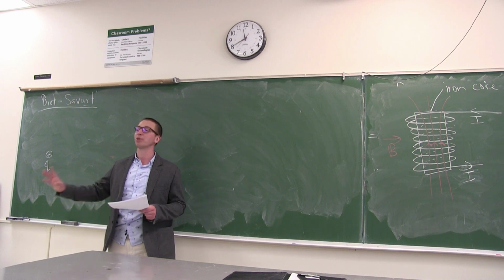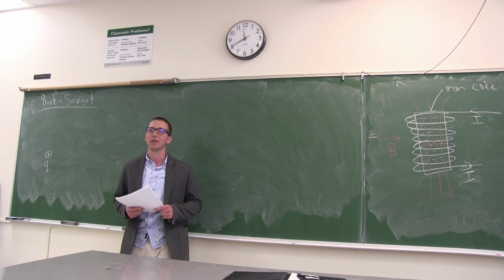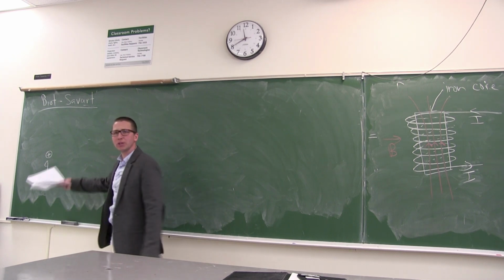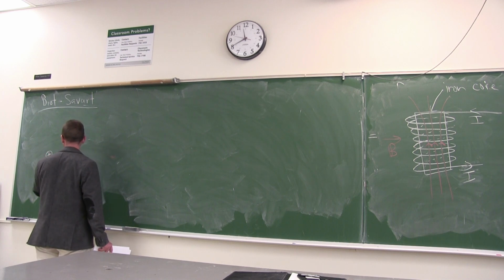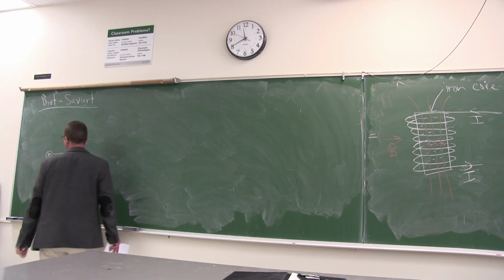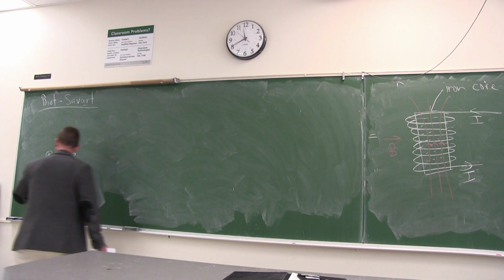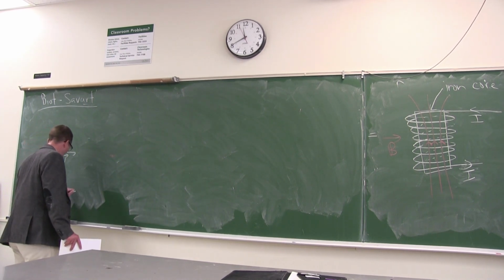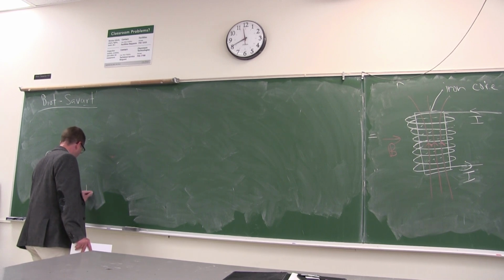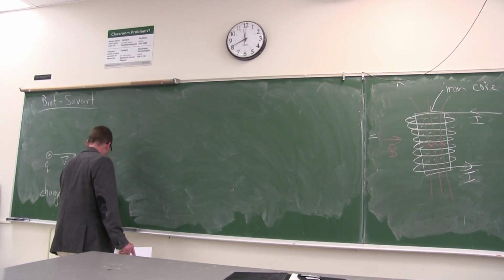A moving charge still produces an electric field, but the expression is not quite as simple as Coulomb's law. But a moving charge also produces a magnetic field when it starts to move. So if this charge is moving to the right at speed v, it's charge in motion. So charge in motion produces a B field.